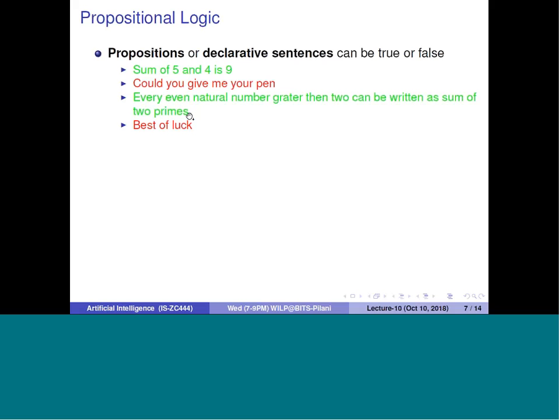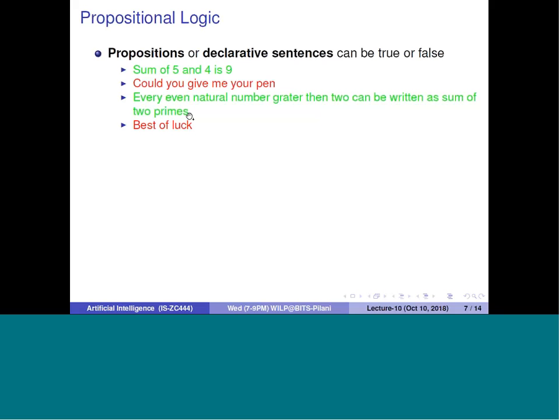But we know one thing. Sometimes we don't know the truth condition of a statement. The point I want to make is that this is a statement that can be true or false. Are you with me? It may be true or it may be false, but I don't know which.